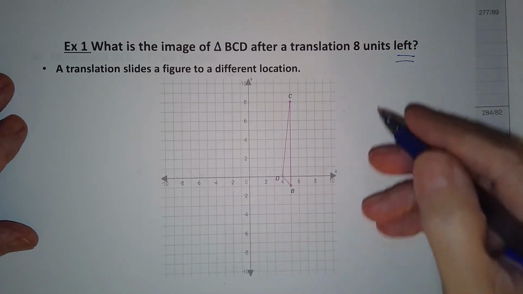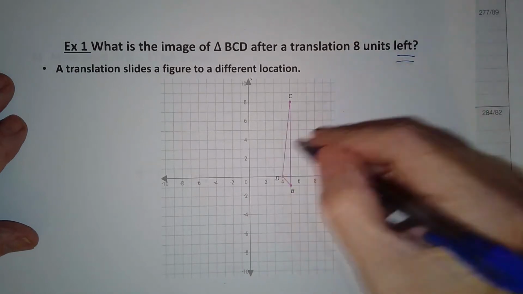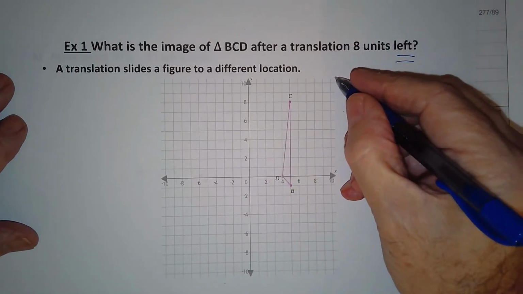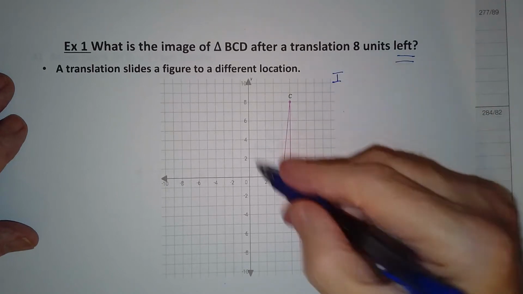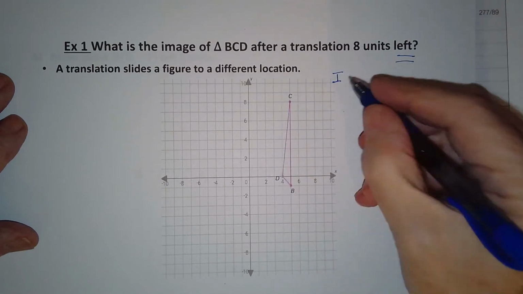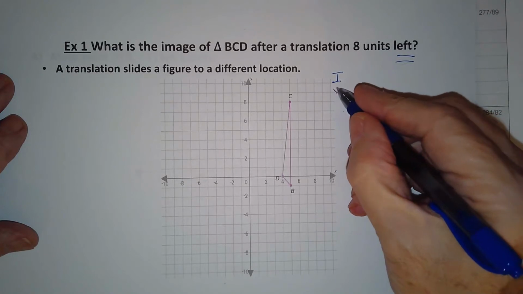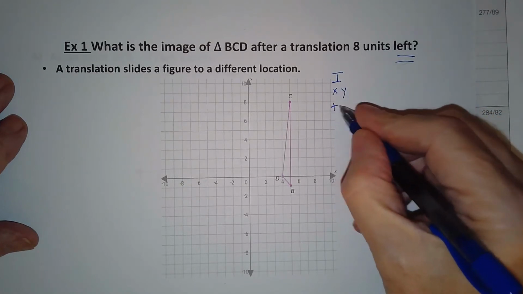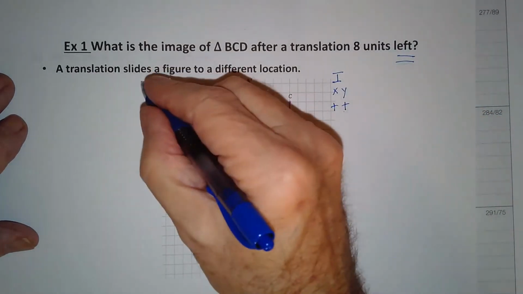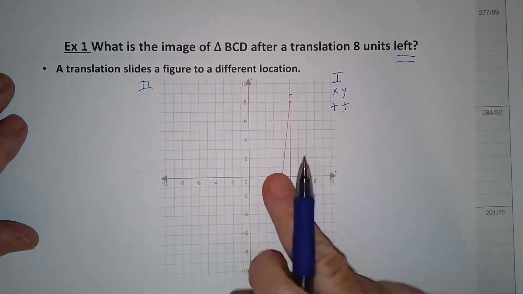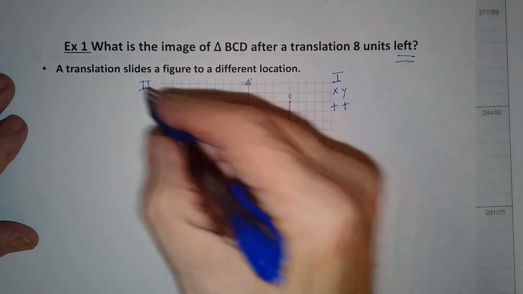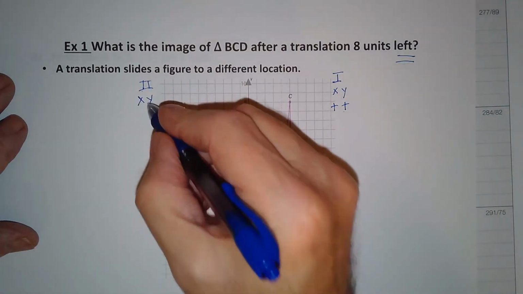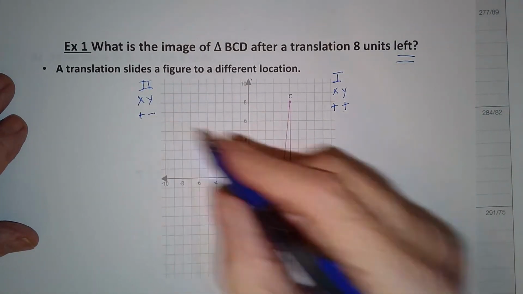Now, in doing these, I want you to utilize the quadrant structure. Remember, I had indicated that the upper right corner of your graph is quadrant 1, where the x and y coordinates are both positive. Over here in quadrant 2, which is to the left of the y-axis but above the x-axis, x is negative and y is positive.